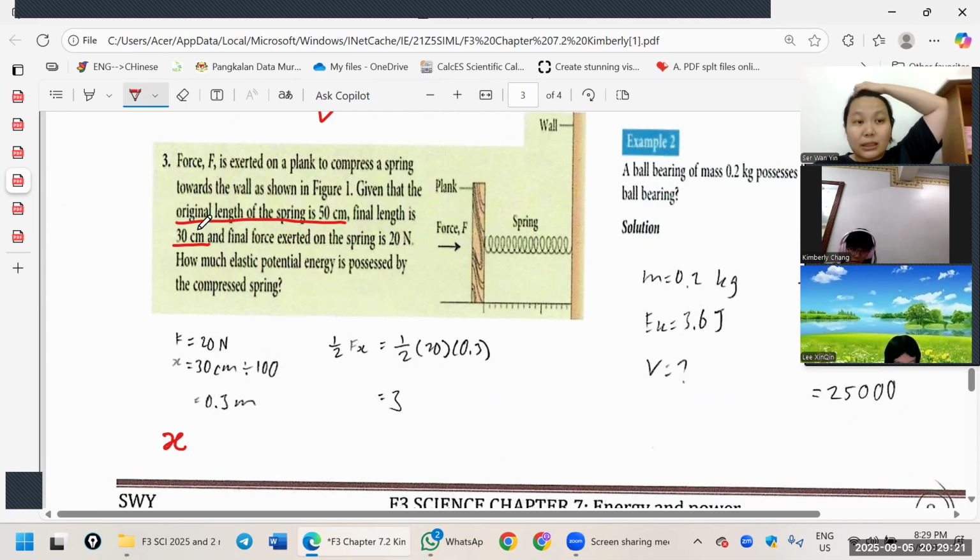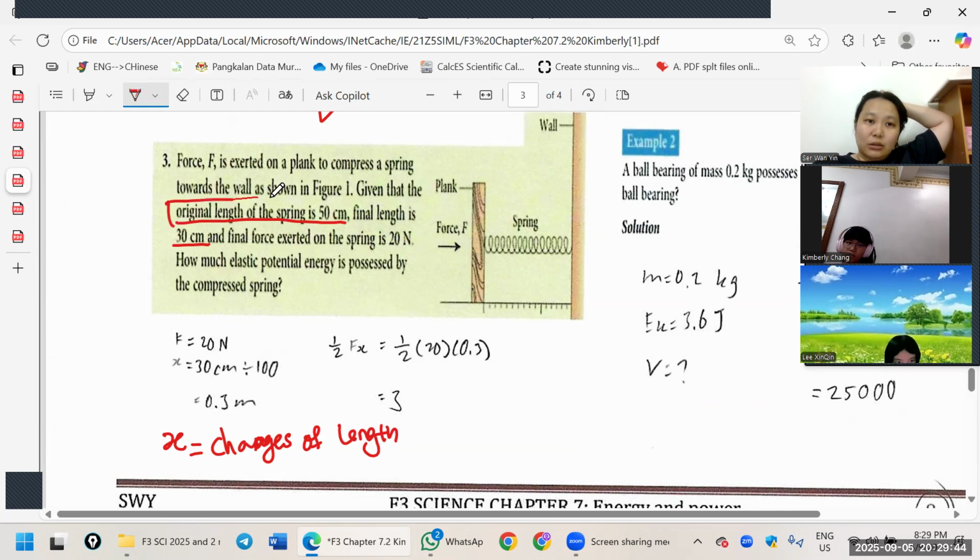Kimberly, what is X? 老师，我已经写了 X 了，没有 X 是什么意思，我不懂。X actually is changes of length.